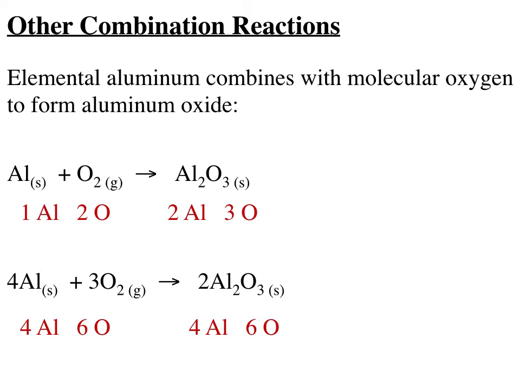Putting a 3 in front of the O2 means I have a whole number of 3 molecules of oxygen reacting to give me 6 O's on the left. Now, since I put that 2 in front of the Al2O3, I need 4 aluminum atoms to react to form the 2 Al2O3 molecules as a result of the reaction. Remember, I don't make it Al4 subscripted. That is not the elemental form that aluminum is reacting in.